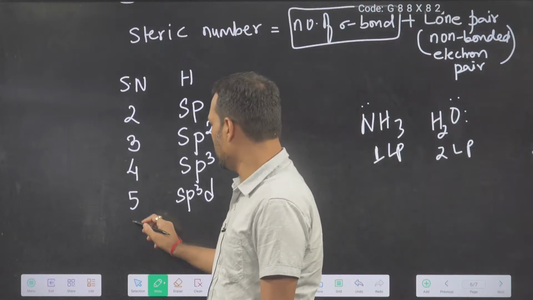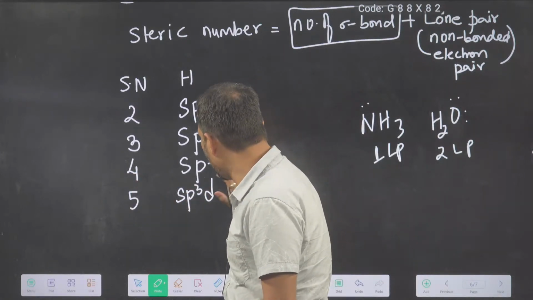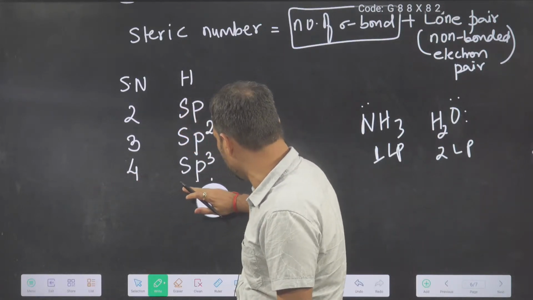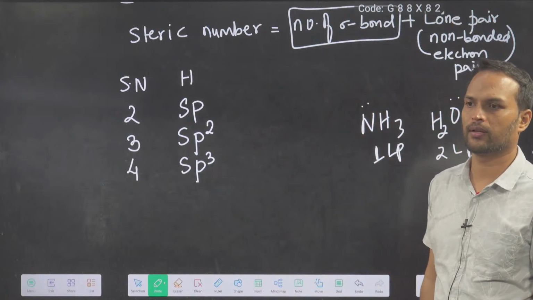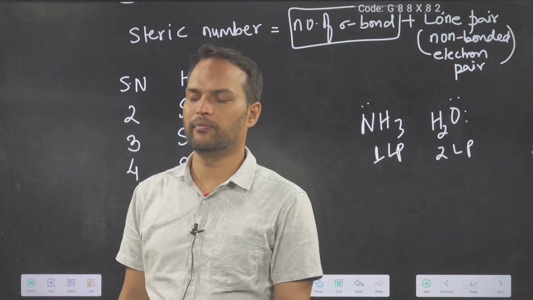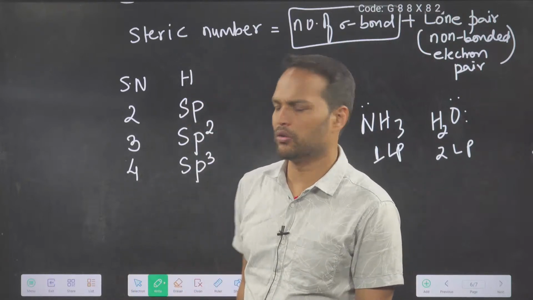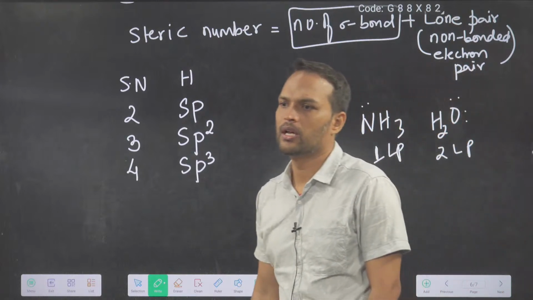If steric number is 6, then something else is there. But now in this, we are interested in these hybridizations only: sp, sp2 and sp3. This only we will study now. There are many more, but now we study only this.